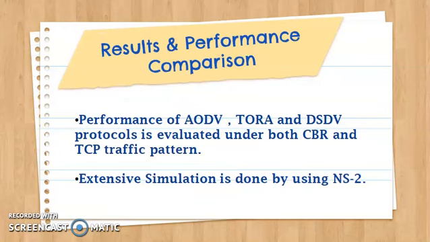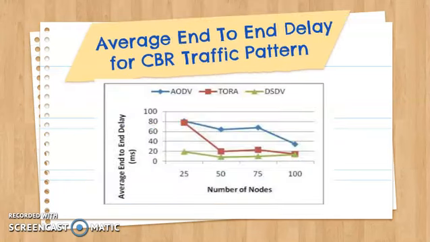Results and performance comparison. Performance of AODV, TORA, and DSDV protocols is evaluated under both CBR and TCP traffic patterns. Extensive simulation is done by using NS2. Let's observe the average end-to-end delay for the CBR traffic pattern.